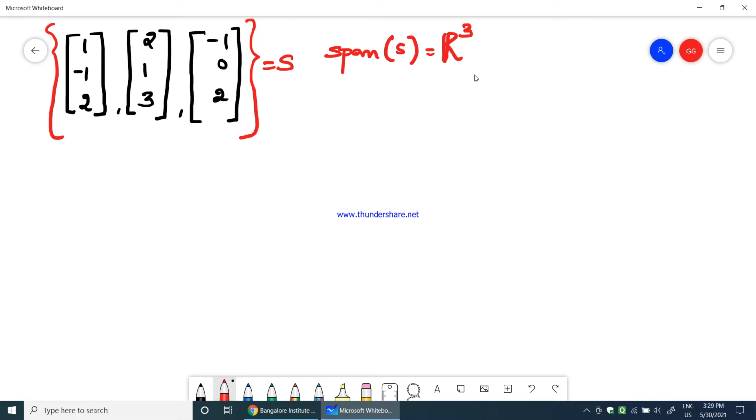So for that, I should again go with an equation here. We all know it is C1 V1 plus C2 V2 plus C3 V3.